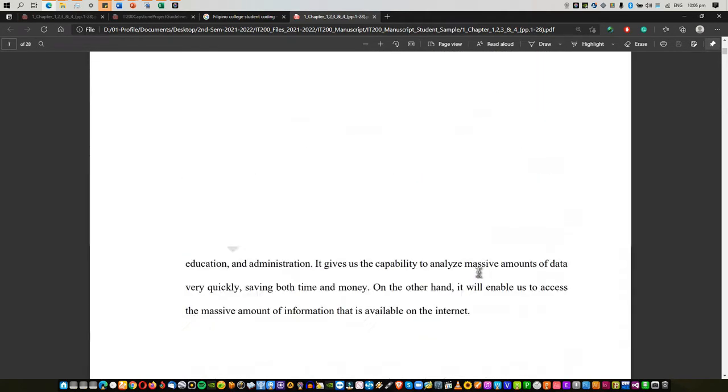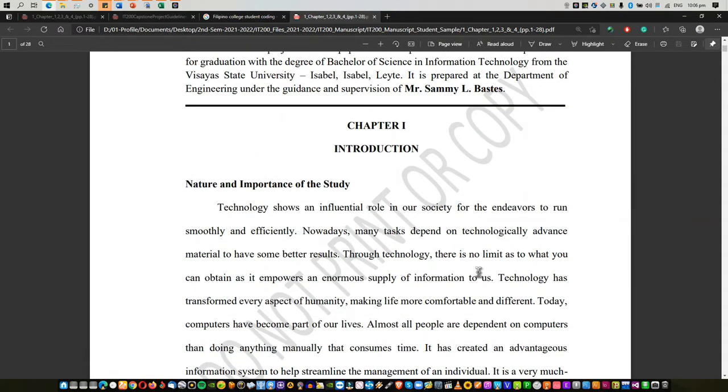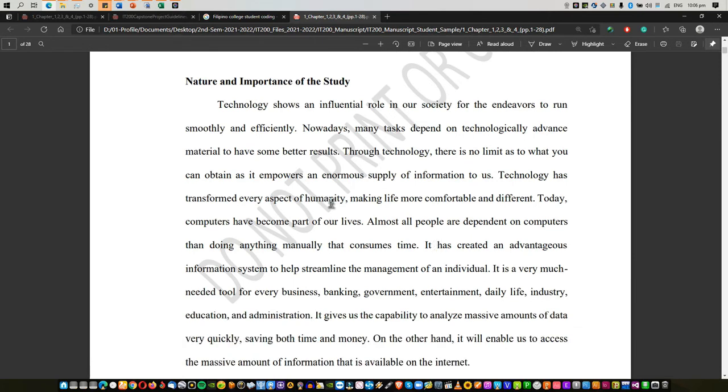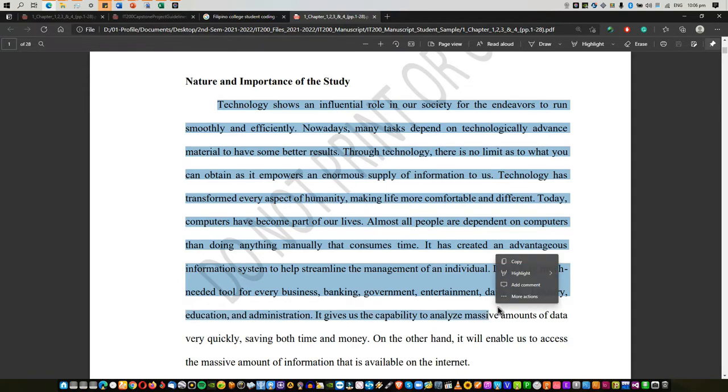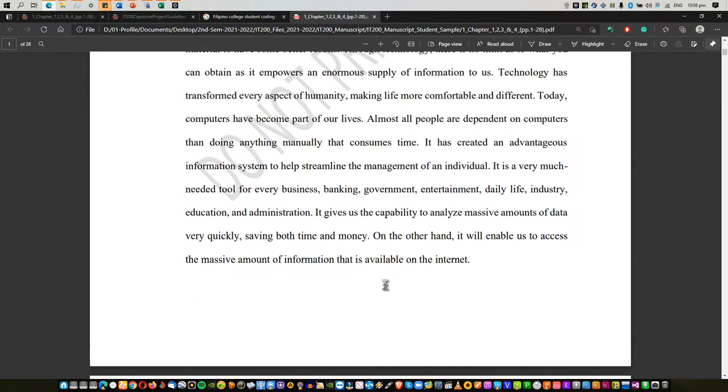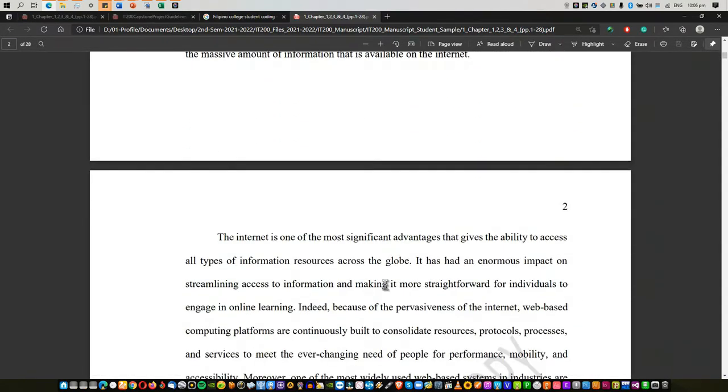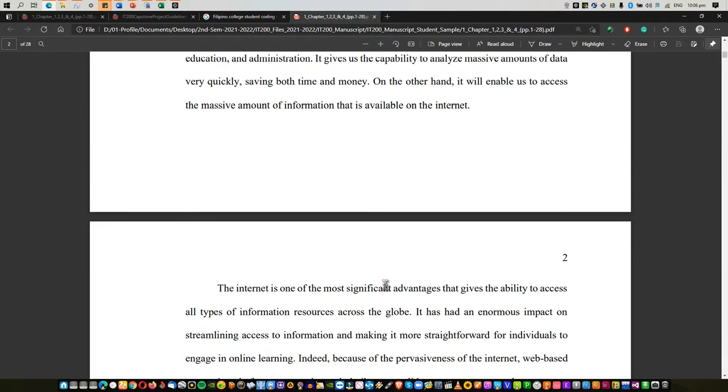So as you can see here in his Chapter 1 or introduction, nature and importance of the study, he discusses first technology. Then after that, he justified one of the important technologies that mankind possess today. We have the internet, no?